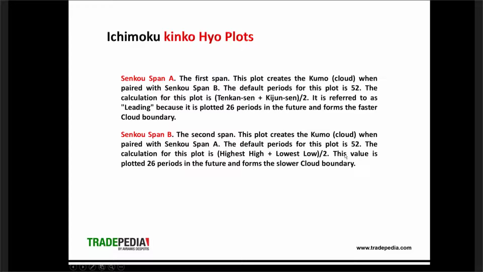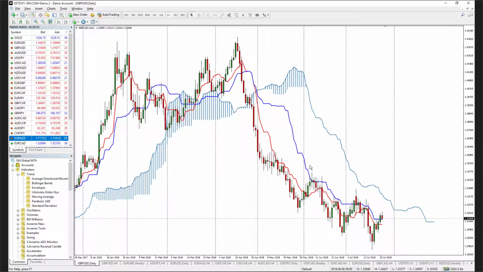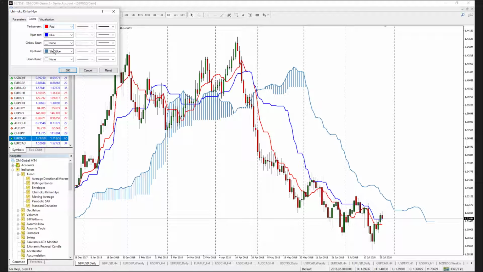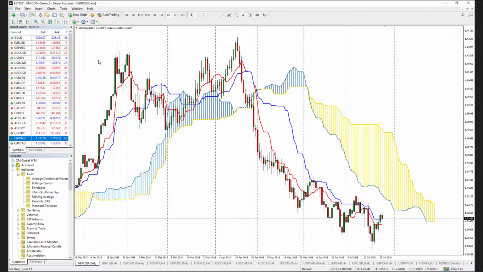Again, once this is estimated, it is plotted 26 periods into the future. So let's go back and add that Senkou Span B. Senkou Span B will be the one that is annotated down Kumo. So let's give that a little orangey color. So there we go. That orange line is the Senkou Span B.